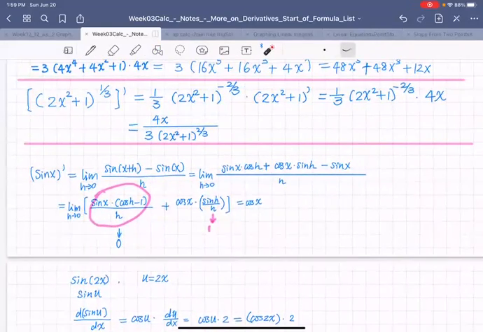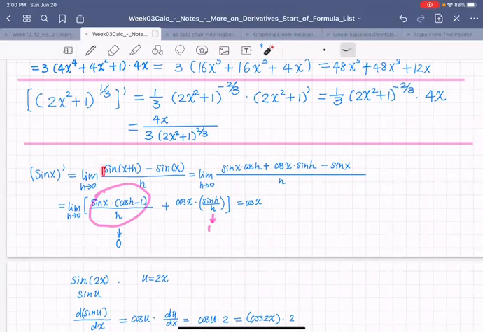Now, next one, we want to find the derivative of sine x. How much is it? We start with the definition of the derivative.